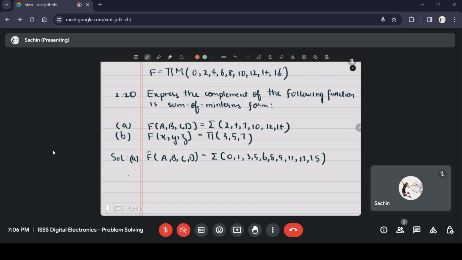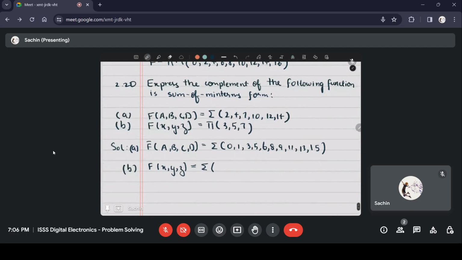Solution for part B. First we write this in a sum of minterms form. To do that, you write only those minterms which do not correspond to any of the input combinations in the product of maxterms form.